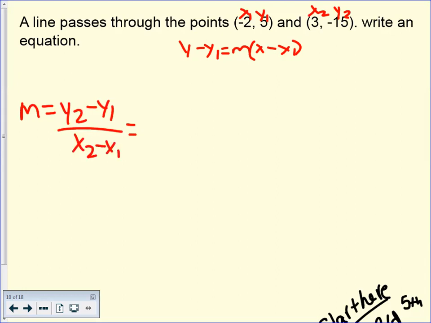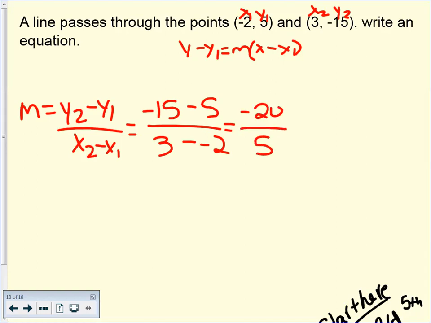My y2 is -15, my y1 is 5. My x2 is 3, my x1 is -2. Go ahead and figure this out. -15 minus 5 is -20. 3 minus -2 gives me +5. -20 over 5 is not -5, but -4.